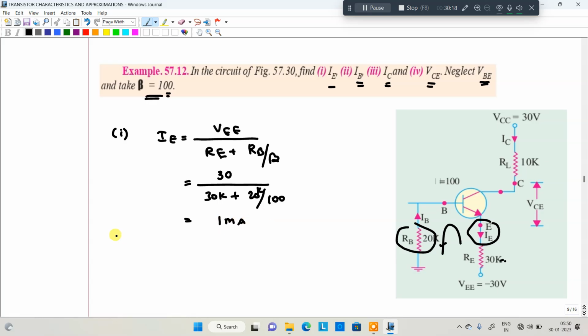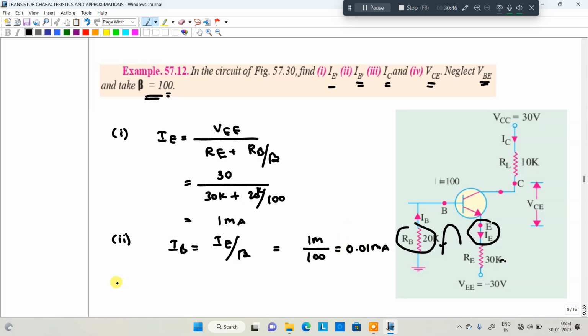Second one, IB, the base current. Base current IB is equal to emitter current divided by beta, because IE is equal to beta into IB. So IE is 1 milliampere, beta is 100. That will be equivalent to 0.01 milliamperes.